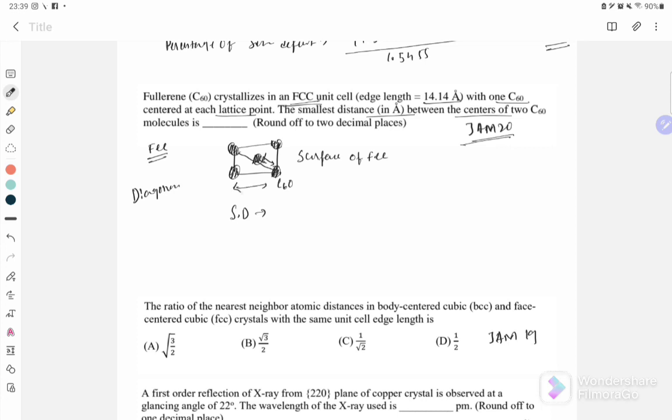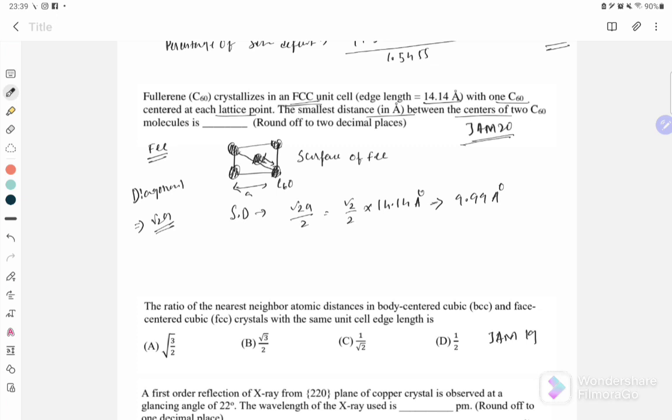If this one is a, the diagonal will be root 2a, and the smallest distance is root 2a by 2, that is root 2 by 2 into 4.4144 angstrom. That is approximately 9.99 angstrom.